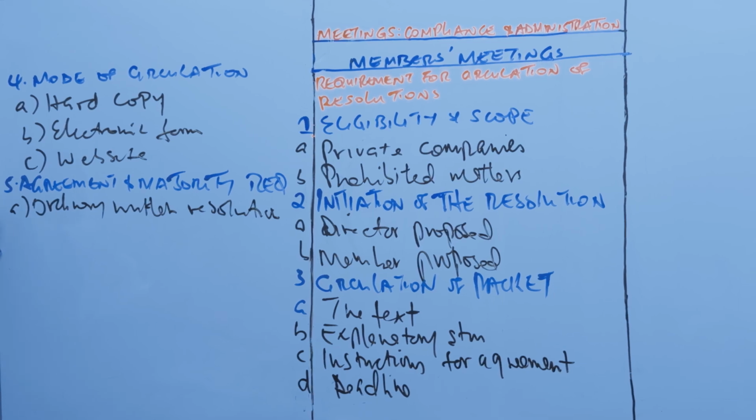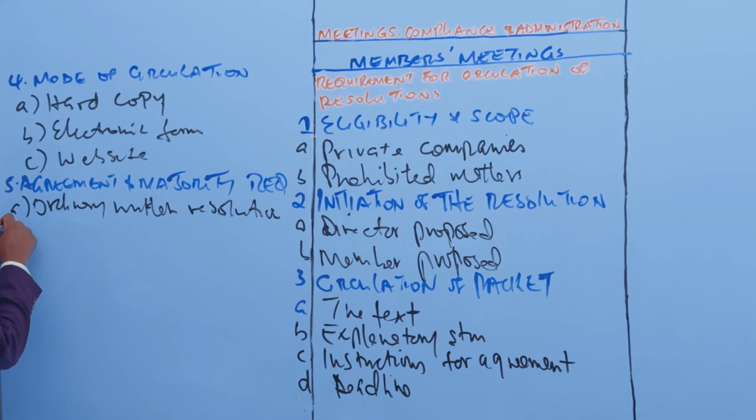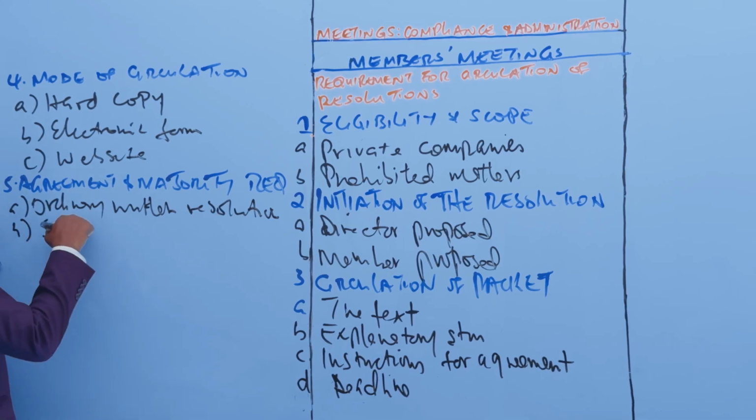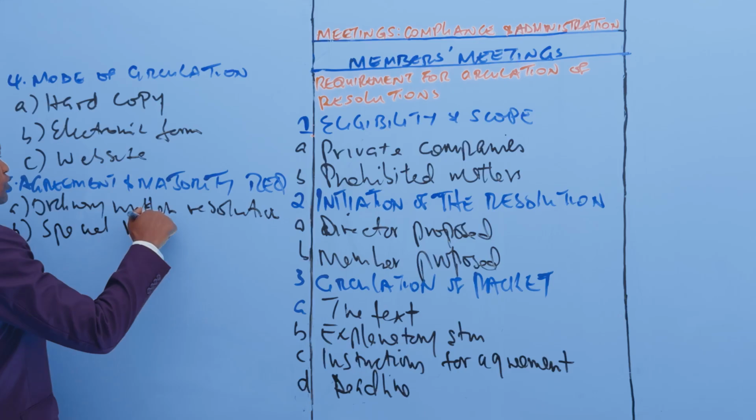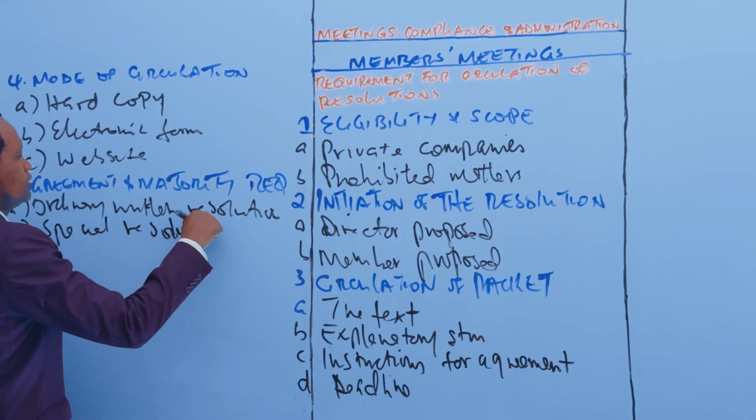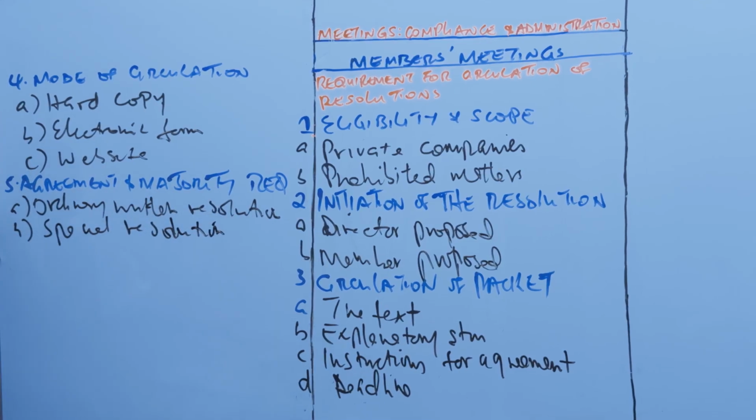Then there is also the special resolution. On the other hand, this requires a majority of at least 75% of the total voting rights.